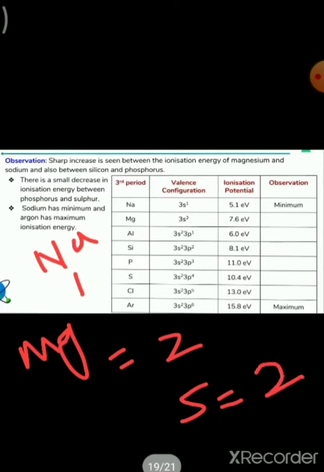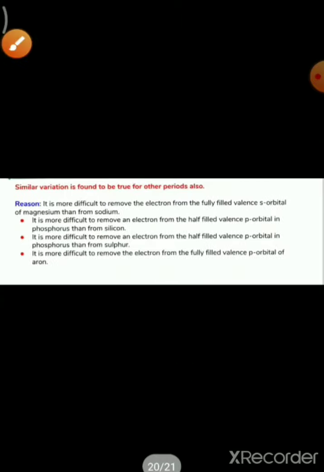That means in magnesium, it is completed, but in sodium, the electron in the s shell is only 1. So we can say that it is half filled. Okay. So it is difficult to remove the electron from a fully filled valence s orbital.